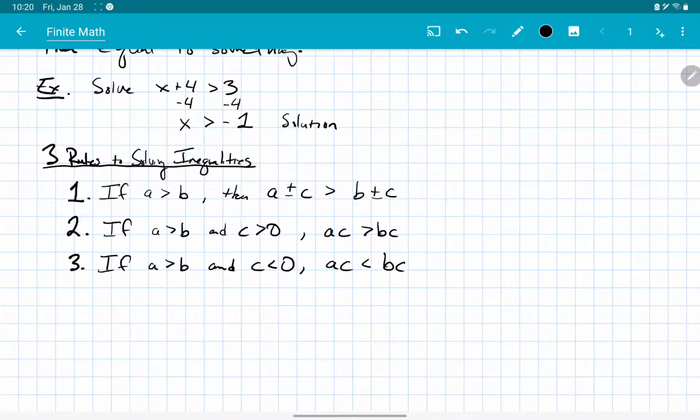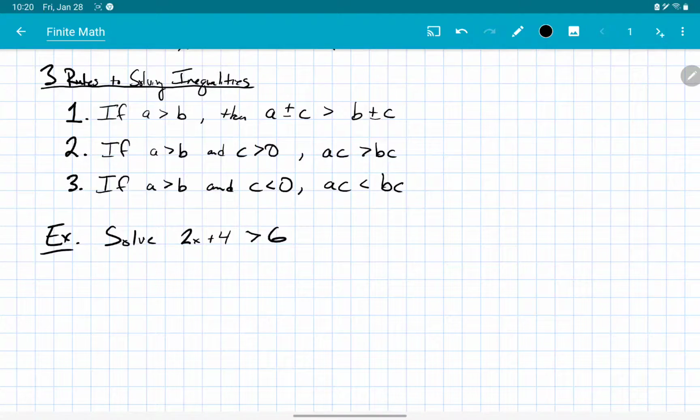So let's do an example of how this works then. If we want to solve 2x plus 4 greater than 6, we want to know what x's will allow 2x plus 4 to be greater than 6. Perhaps you can do this in your head, but we can also do this with algebra. So we subtract the 4 from both sides. That's property 1 above. And we get 2x bigger than 2.